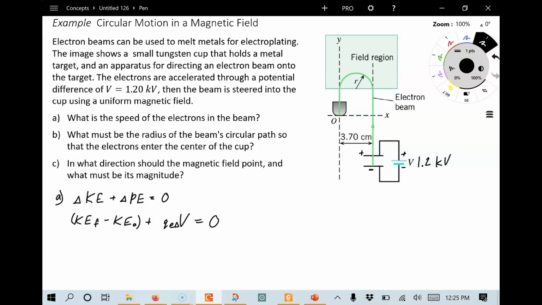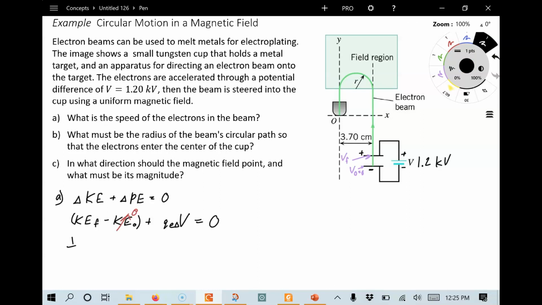And in this case, we're going to presume that the electrons are accelerated from rest, right? So the speed of the electrons initially is 0. When it emerges here, it has sped up to some final speed. What's that? Well, we're going to figure it out right now. So that's 0.